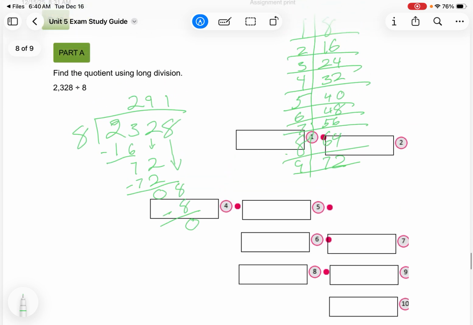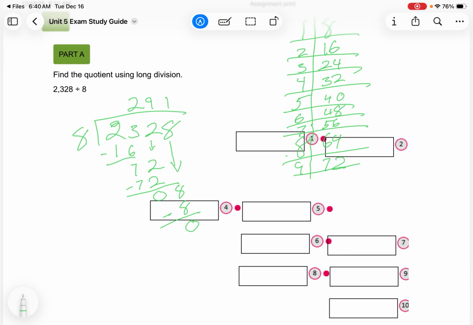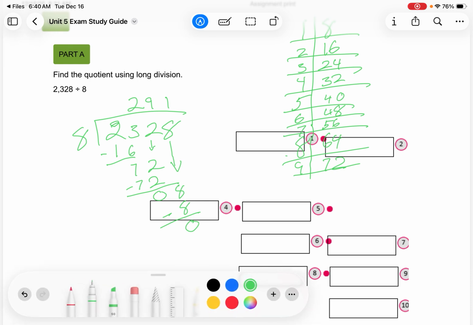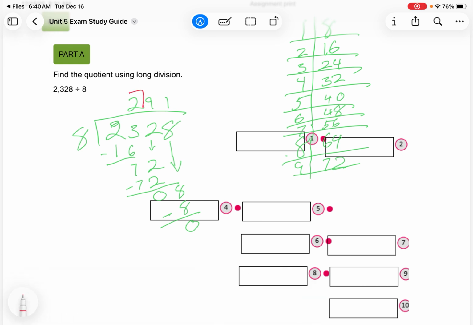Now, as far as what goes where? Well, when we do this, there's your blanks.